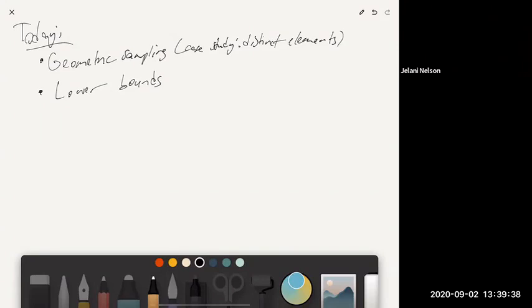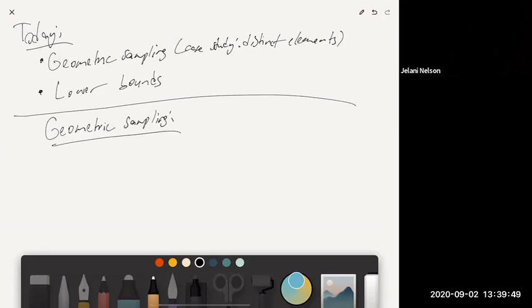So let's start with geometric sampling. Right, so we have a stream of updates coming, let's say, from some universe 1 to n.